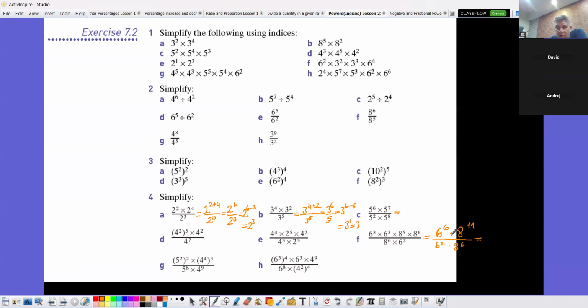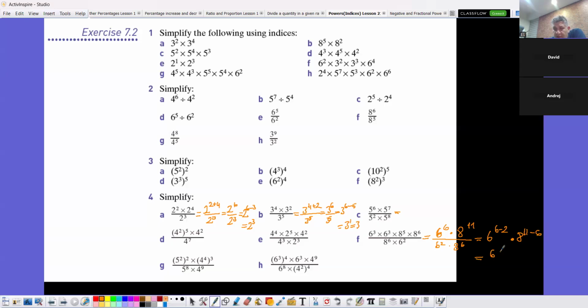So when you have this kind of operation, you may do the operation between 6 to the power of 6 and 6 to the power of 2 only, which is equal to 6 to the power of 6 minus 2, because all operations are times here, except the fraction bar, which we handle with minus. Then 8 to the power of 11 minus 6.